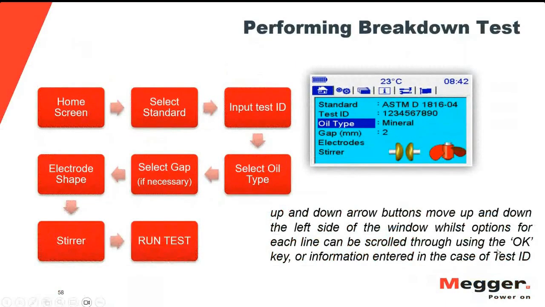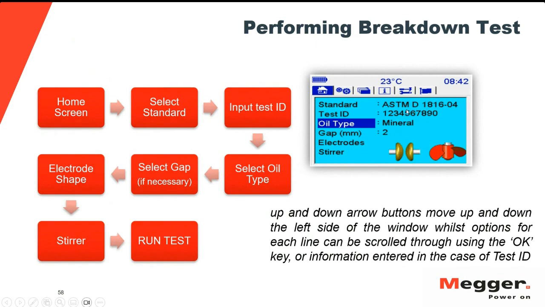So normally when we perform the breakdown voltage test, we go to the home screen, select the standard, input the test ID, and select the oil type. The oil type here will depend on the standard that you are using.